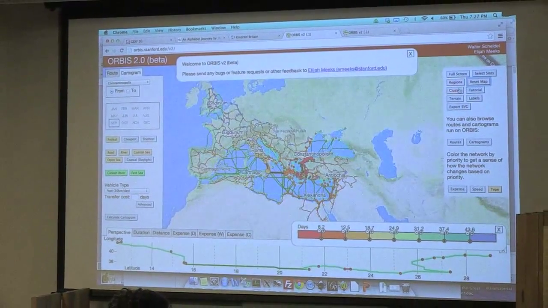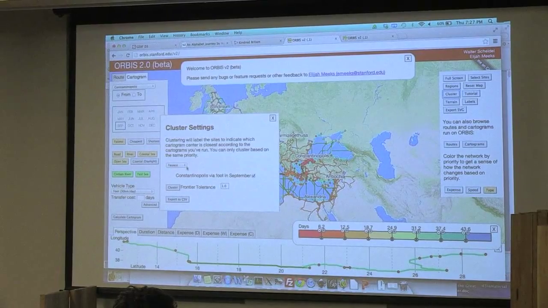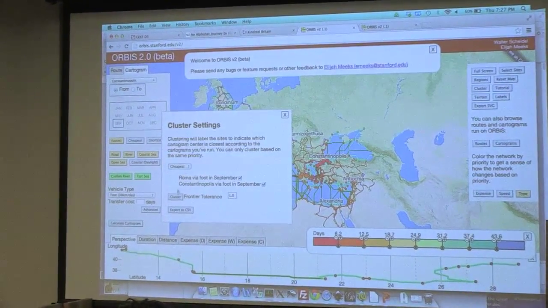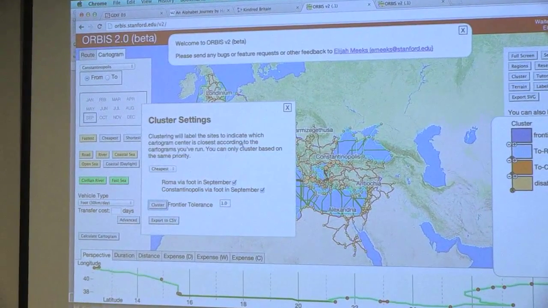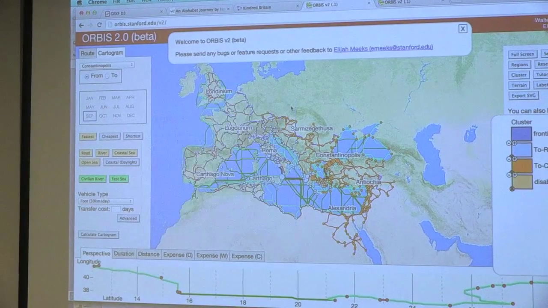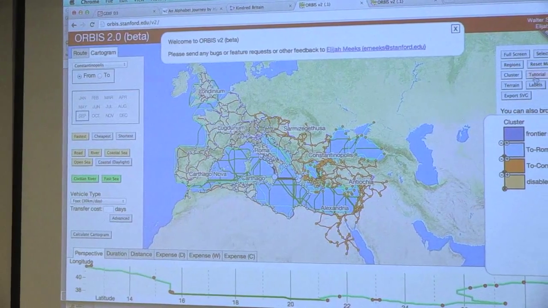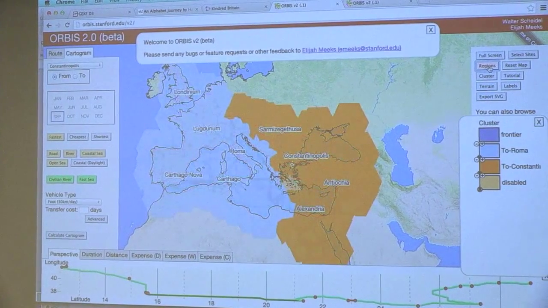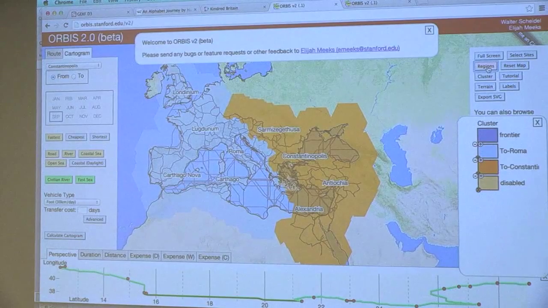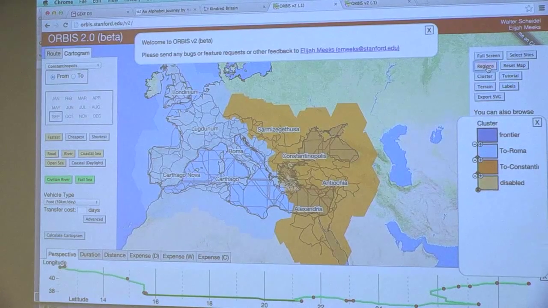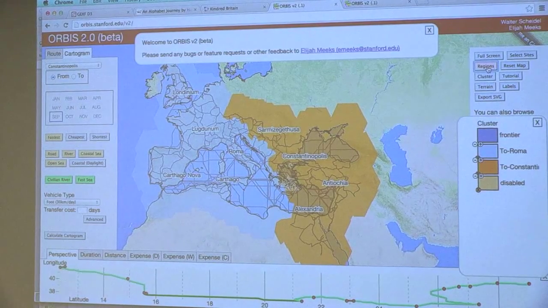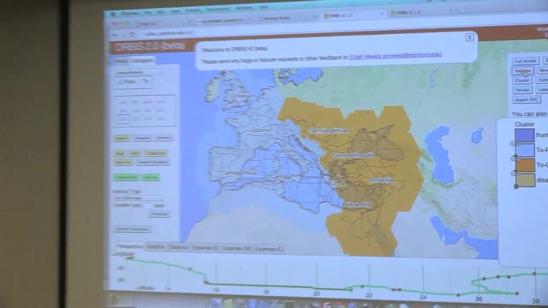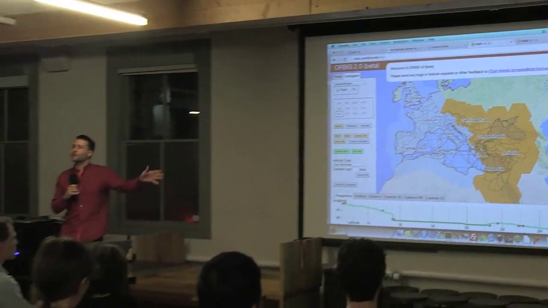And then using that, maybe go further and divide the world between these two centers, right? And give other capacities to say, well, if this is my set of priorities, and here's the interesting thing here, if this is my set of priorities and this time of year, then how does the Roman world fracture?